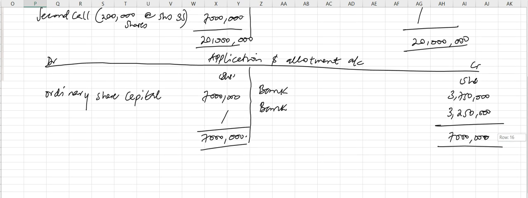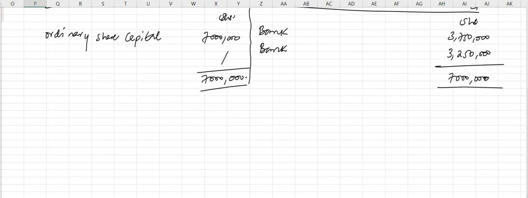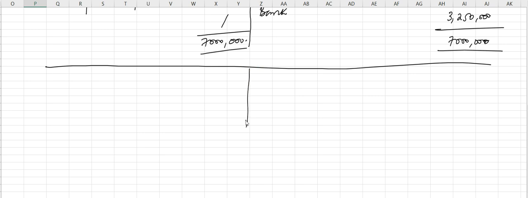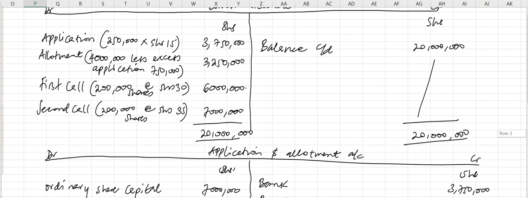So now we have the bank account and the application allotment account. Then we can also come up with the first call account and then the second call account. So first call account: money has been received and it has been debited in the bank account.